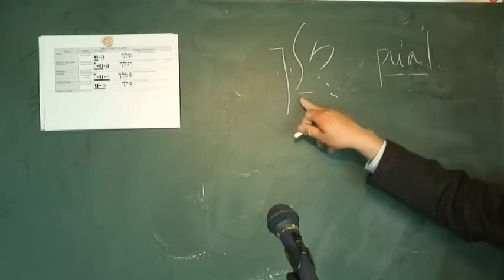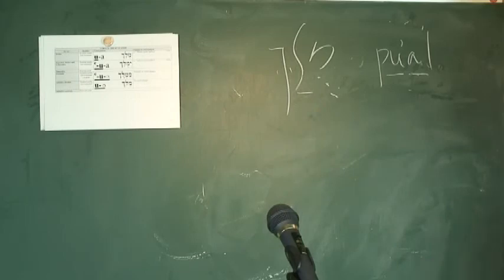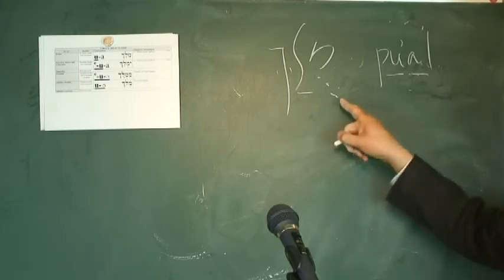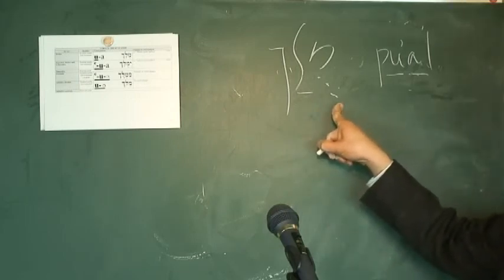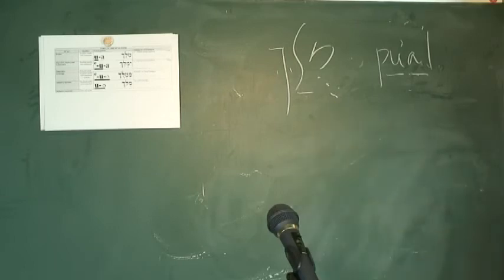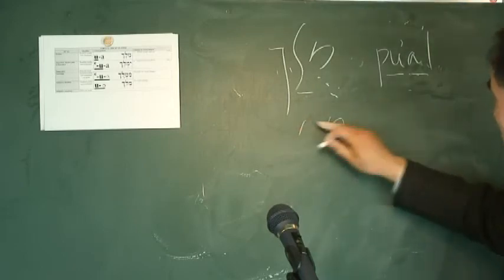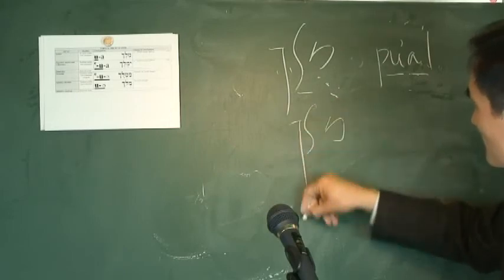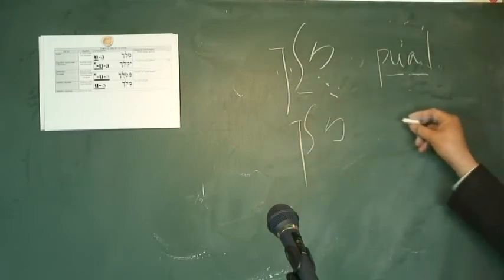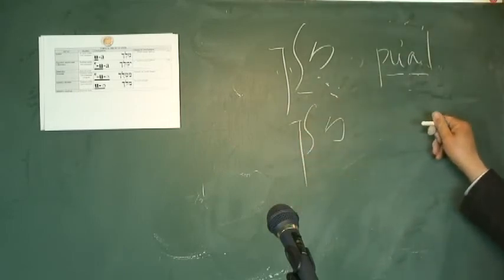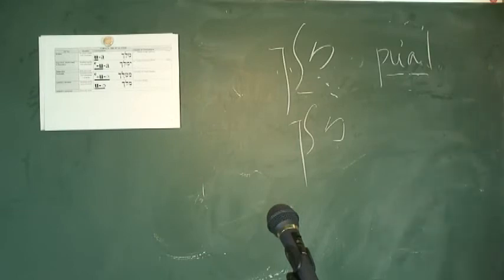Therefore, the dagesh forte is added to the second consonant to add an additional consonant. Hence, it would be mul-lak. We can also make the imperfect form. The imperfect form can also be inferred from its name.